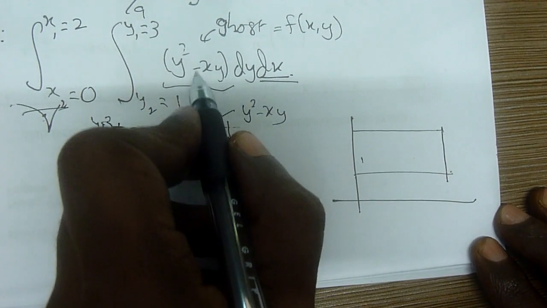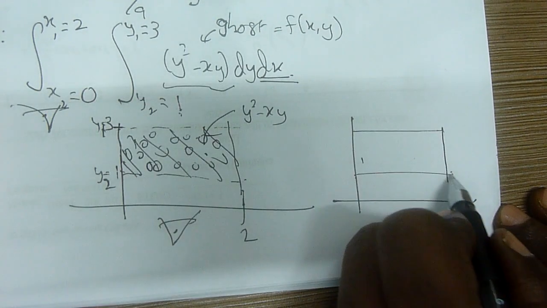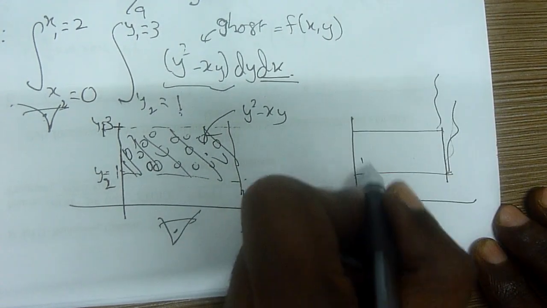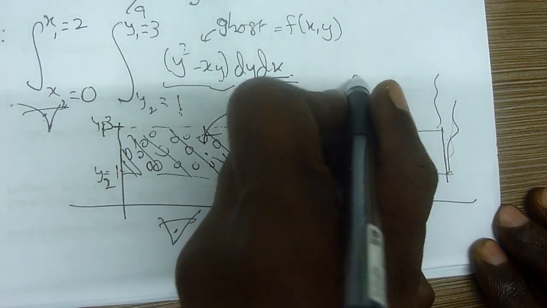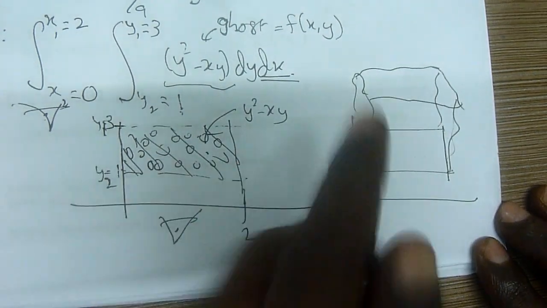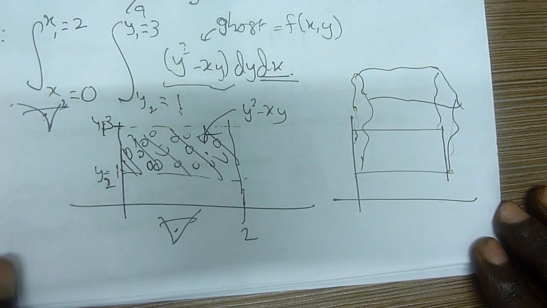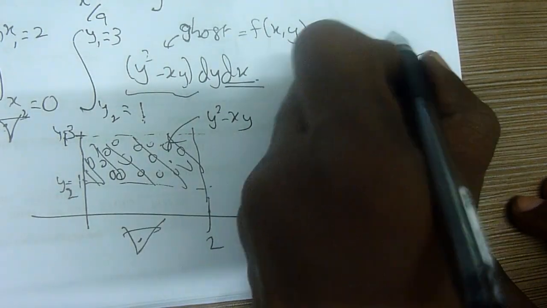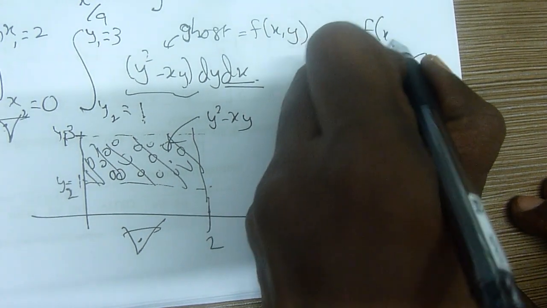Therefore, when you pull this up, the ghost comes out like that. See, it becomes 3D. It becomes 3D because the ghost is actually this fxy.